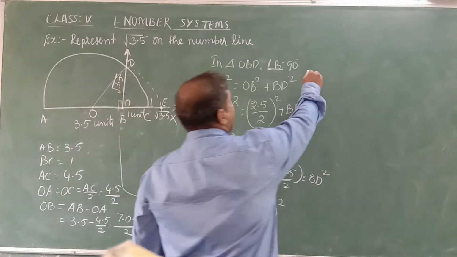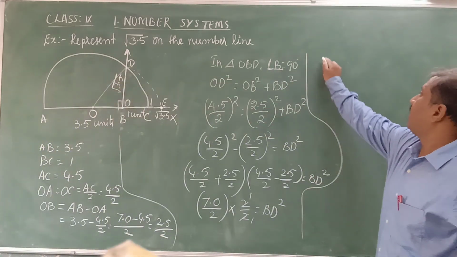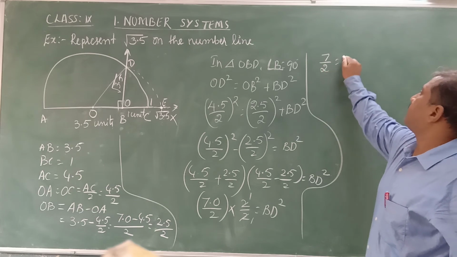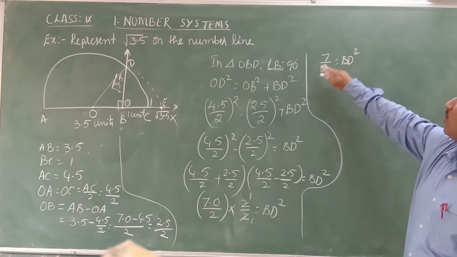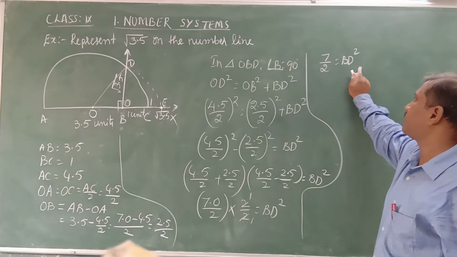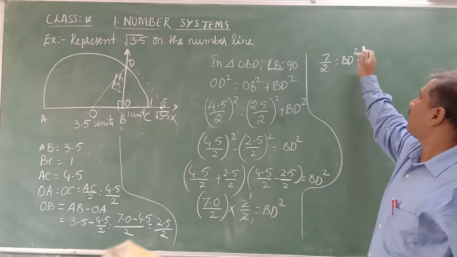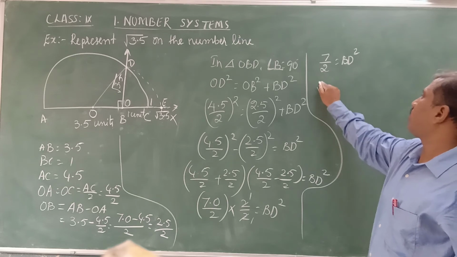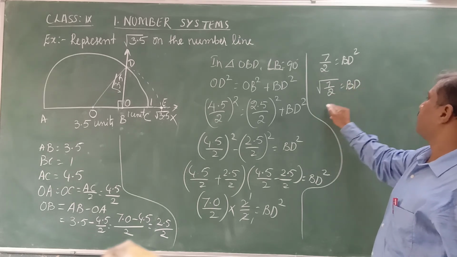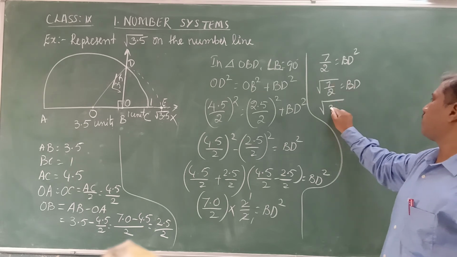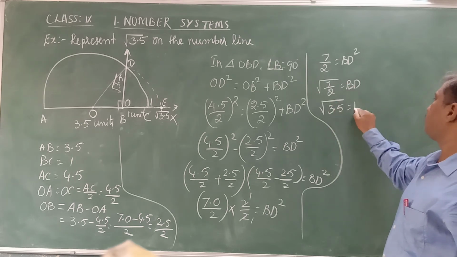So we get 7 by 2 is equal to BD square. Now transpose the square to the LHS, it will become square root. That is square root of 7 by 2 is equal to BD. That is square root of 7 by 2 is equal to what? 3.5, which is equal to BD.